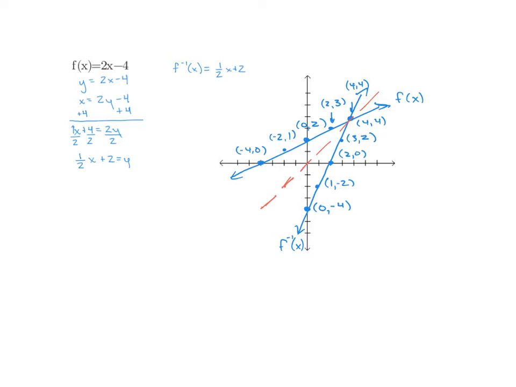So if you notice, we do have that correspondence again. We have our x's and our y's flipped. Okay, let's do one more linear example before we look at some others.